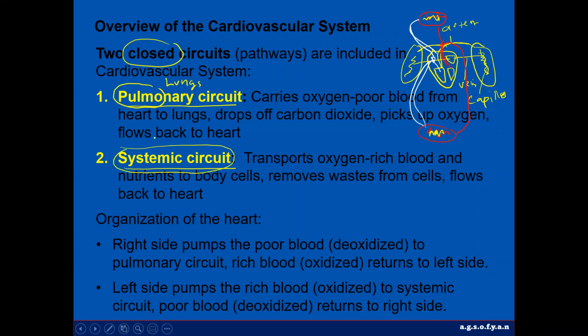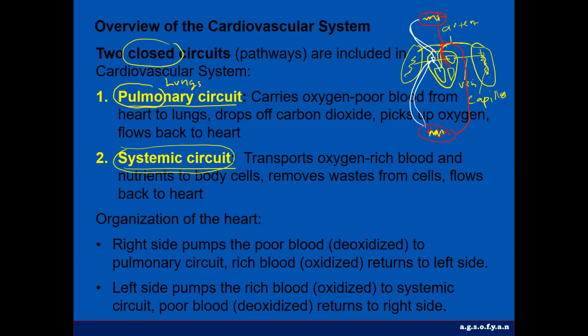Systemic circulation pumps the blood to the whole body organs except the lungs. The pulmonary circulation or circuit will pump the blood to the lungs and then going back to the heart. So pulmonary circulation will be shorter, while the systemic circulation will be longer.